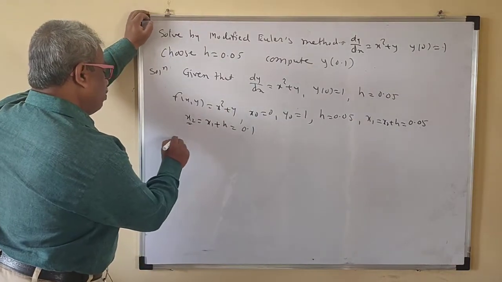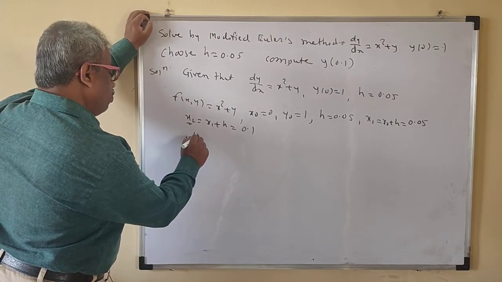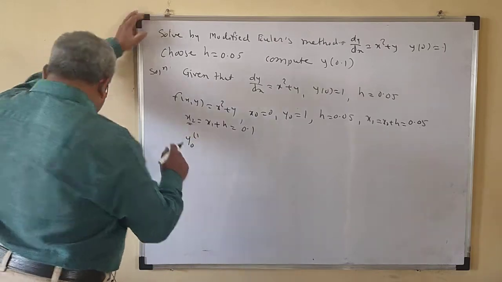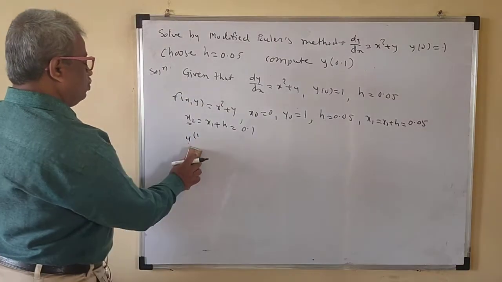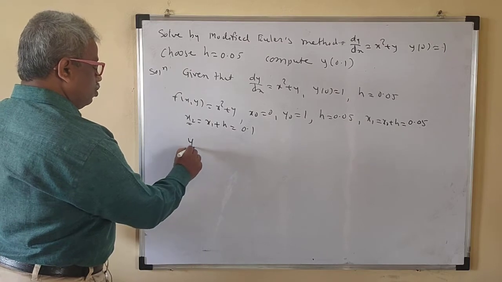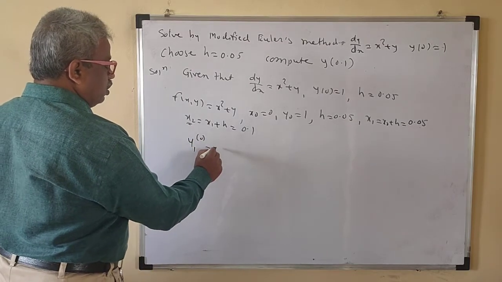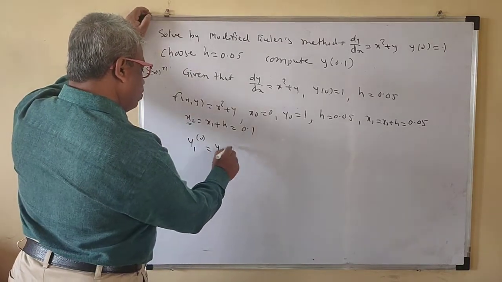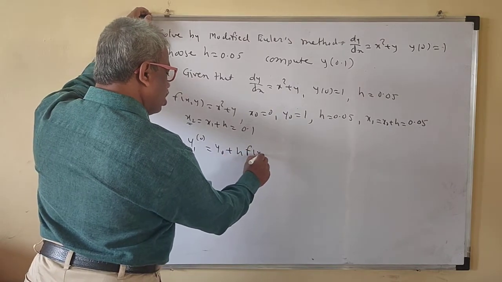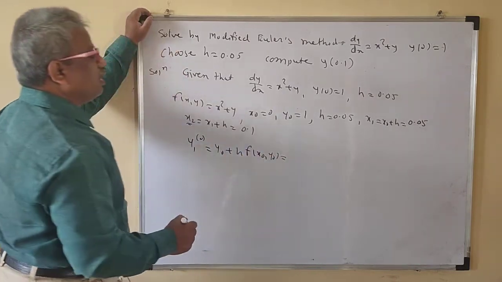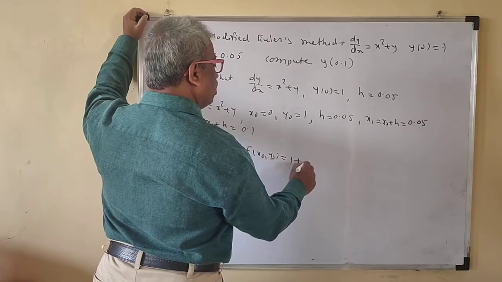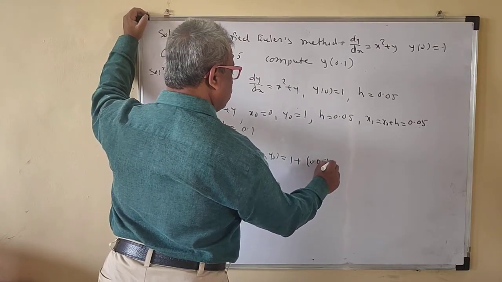Okay, so we have to find y1 of 0. So y1 of 0 is equal to y0 plus h f of x naught y0. What is your y0? y0 is 1. Your h is 0.05. Right?